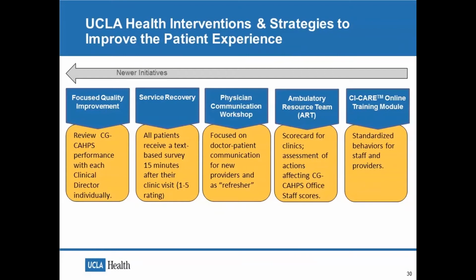On the service recovery side, we have a new initiative where after the visit, the patient gets by phone a text survey where they're basically asked to rate their experience from 1 to 5 on a star rating. And for patients that have low ratings, the office manager calls them for service recovery.